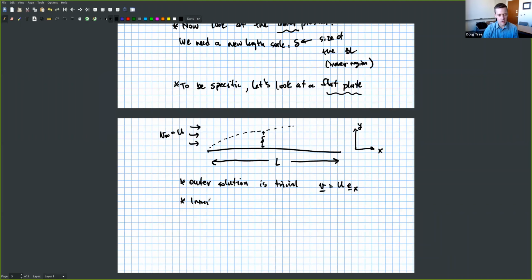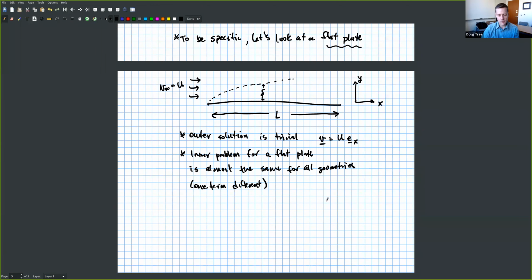Okay, so the inner problem for a flat plate is almost the same for all geometries. And it's not exactly the same, but there's only one term that's different. And I'll point out which one it is, okay?